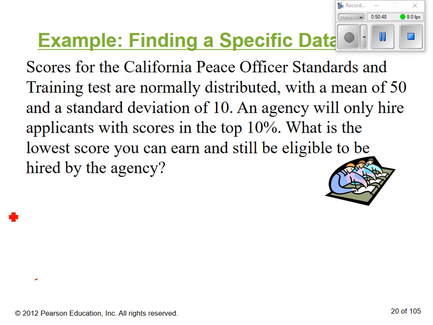A lot of companies do this. They only hire the top 10% or the top 20%. So you go in there and take, a lot of times it's not a test like this peace officer one, it's just one of those psychological tests where they ask you questions. They'll ask, have you ever stolen from a business that you work for? Yes.